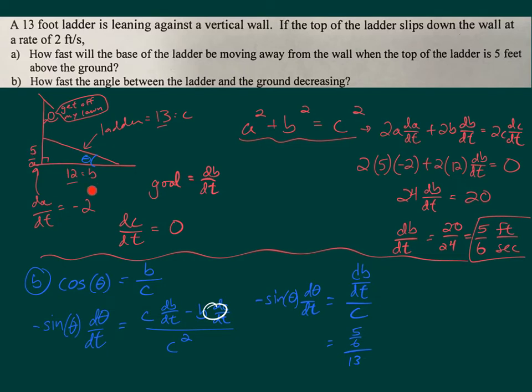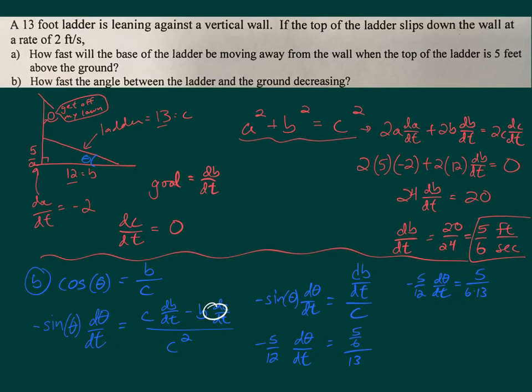So that would be 5/13 for the sine, and this negative is here, so it would be negative 5/13 d theta/dt. Now this side, if I want to simplify here a little bit, will become 5/6 times 13. So just a quick rewrite of this will show negative 5/12 d theta/dt equals 5/6 times 13.